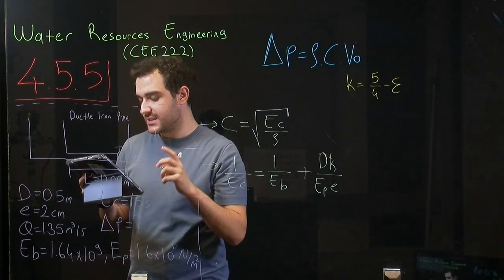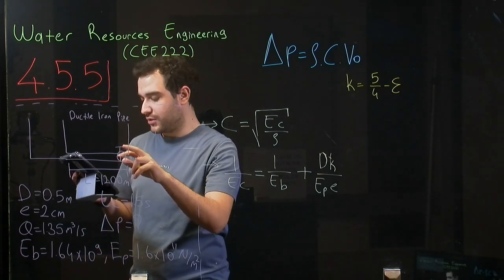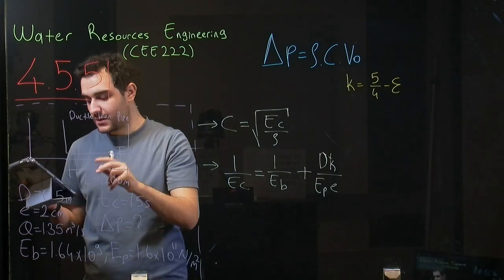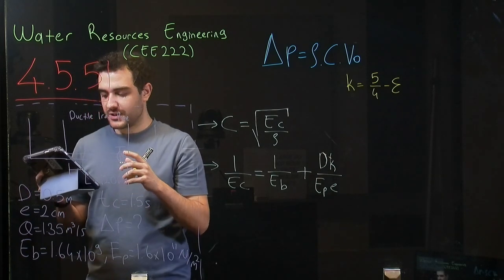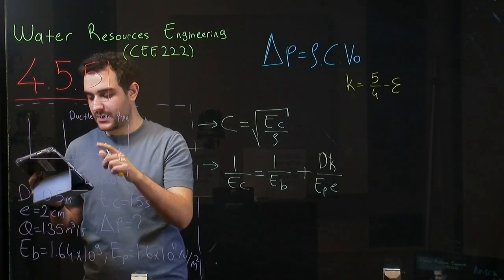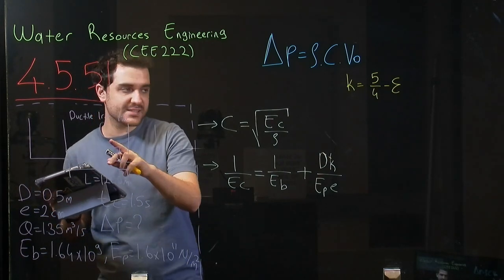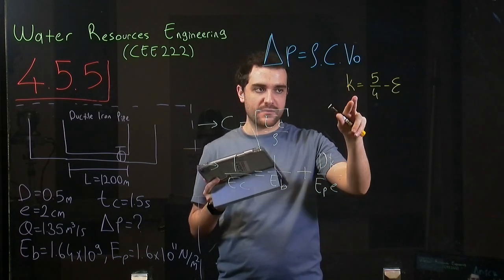And the flow rate is 1.35 cubic meter per second when the valve is fully open in this 0.5 meter diameter pipeline with a 2 centimeters wall thickness. And also we have another condition, this pipeline is free to move longitudinally. So based on this, we will have a K value.